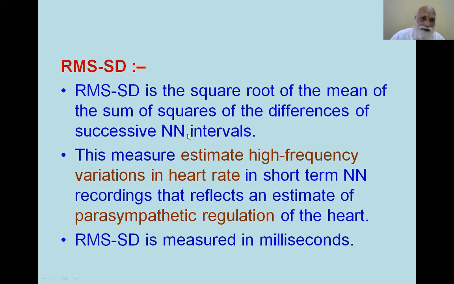So the differences between the successive NN intervals are first obtained, then the squares are calculated, and you sum the squares of these differences. Several sums are there, so you take the mean of them, then take the square root, and you get the RMSSD. Here you have squared it and you have got it back here.